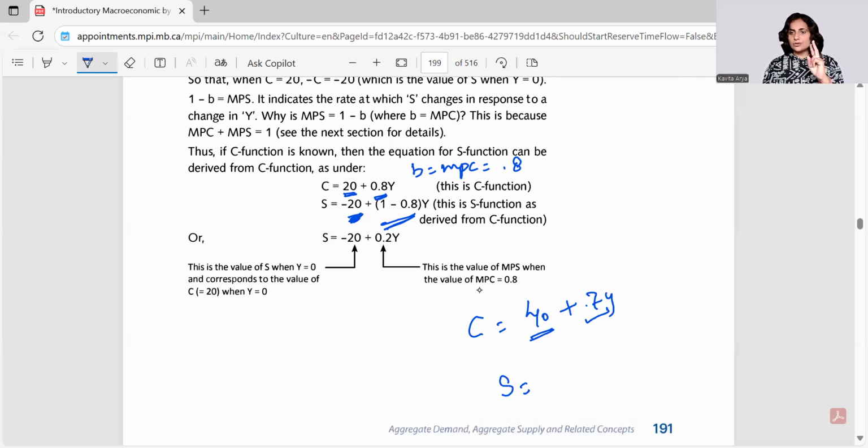Yes. We have to just do two things. First component has to be given in the negative format, that this is saving or borrowings, and this has to be subtracted from 1. So this becomes 0.3y. So the savings function has this as savings, and this as MPS as a part of the income.